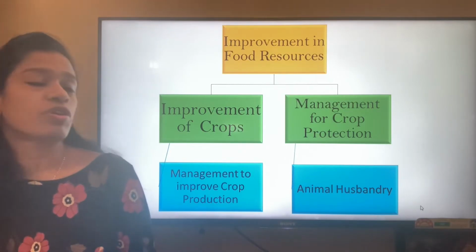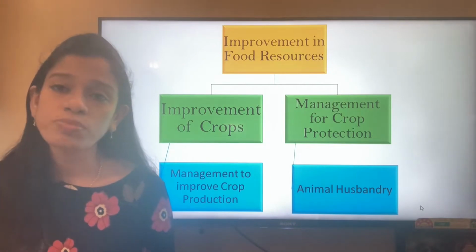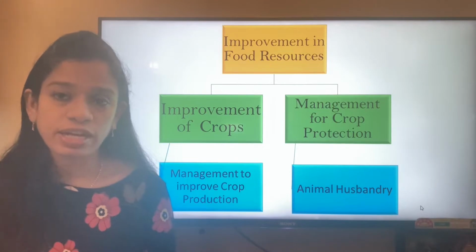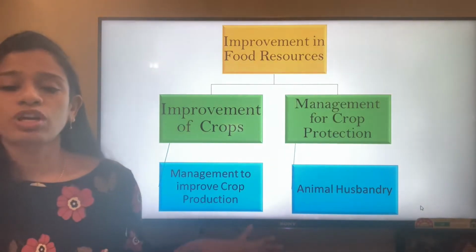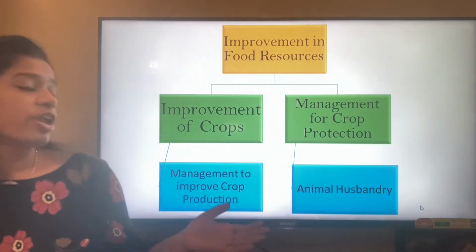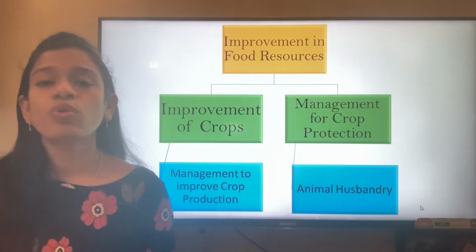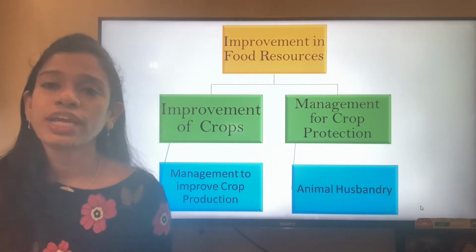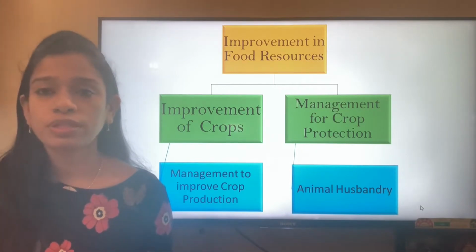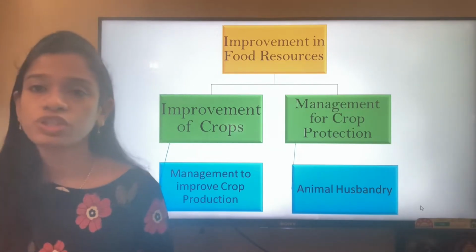Along with that, we have to think of crop protection, how to protect the crops from diseases, pests and adverse environmental conditions, and also to manage the crop and improve the crop production. So these three ways we are going to think of improvement in the sector of crops: protect the crops, manage the crops, and improve the production of the crops.